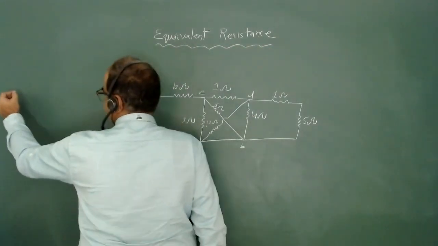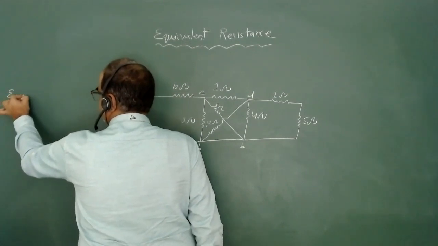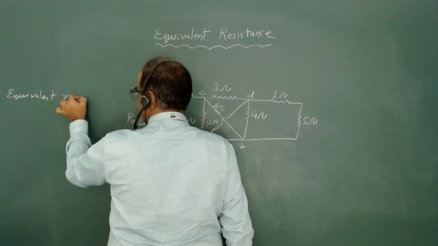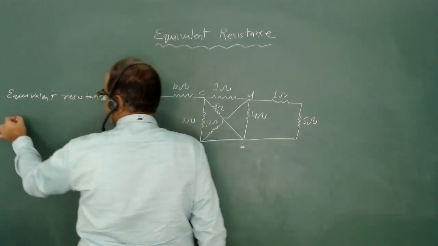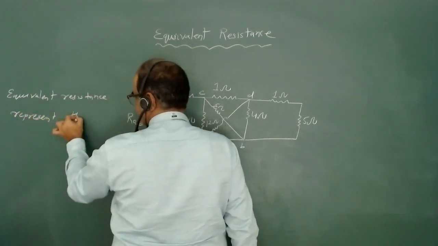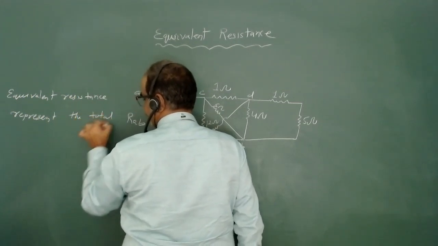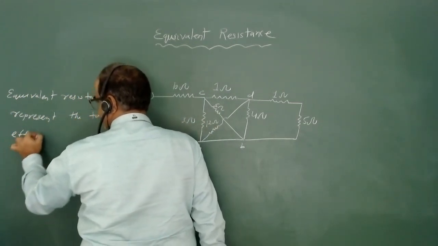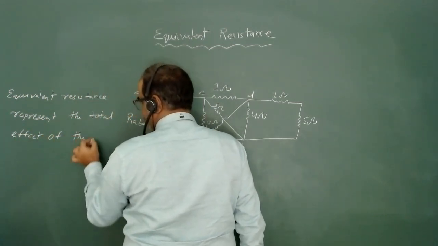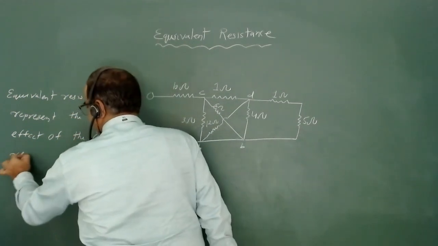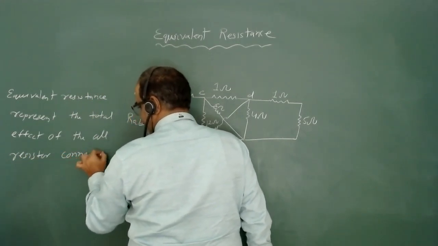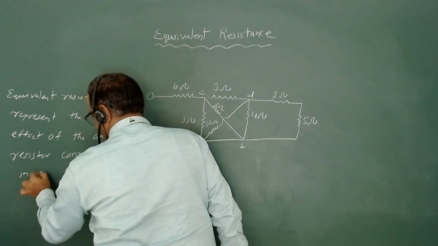Equivalent resistance represents the total effect of all resistors connected in the circuit.